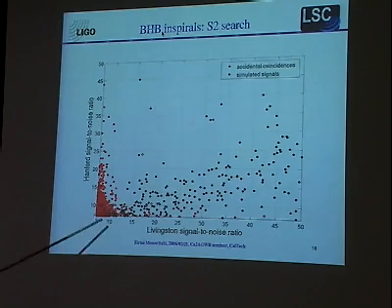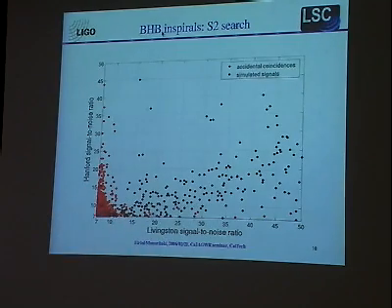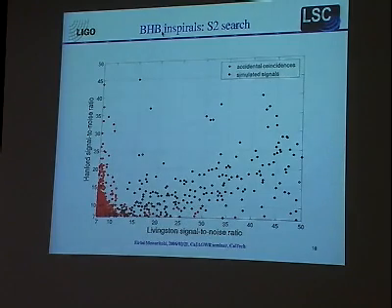So you can see that there's no clear distinction between the accidental coincidences and the actual signals in this case. There's a region here where you can see either one. So the question is, how can we make this search better? How can we have sort of a more clear cut between the two?